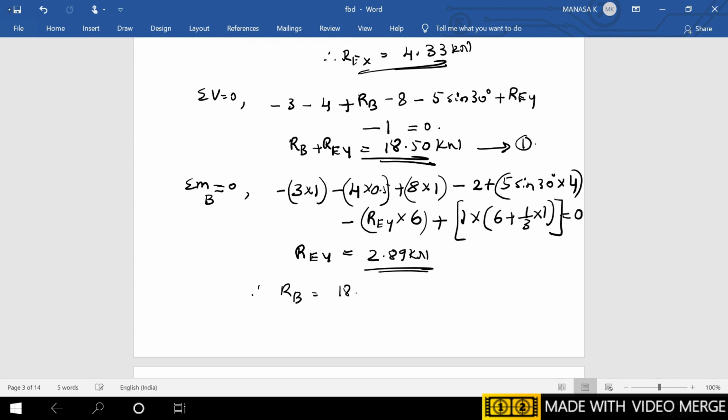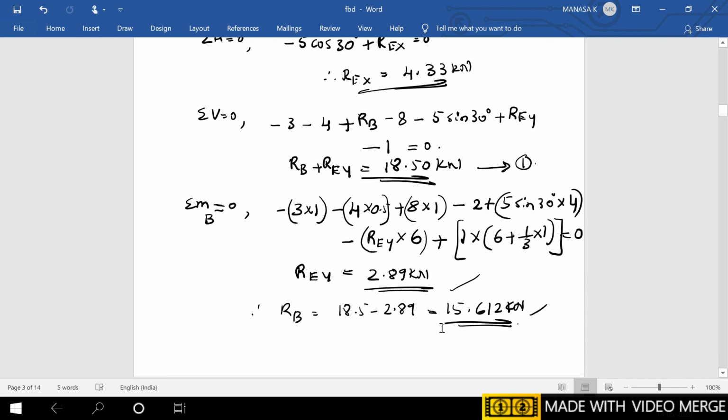So it is 18.5 minus 2.89 kilonewton, which is 15.612 kilonewton.